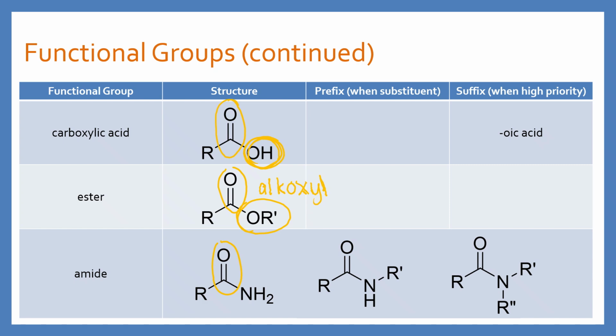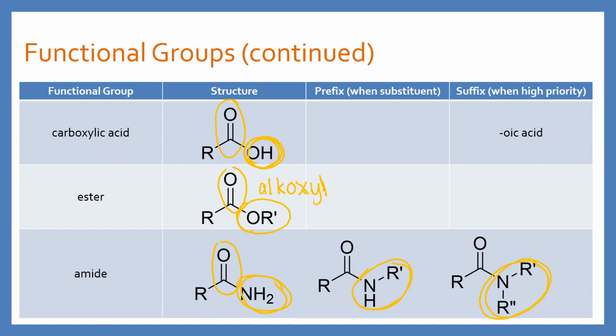And then for something to be an amide, notice I'm using short sounds for the A and the I. The word amide actually means something entirely different, even though it's spelled the same way, which is incredibly obnoxious, but there's nothing we can do about it. Amide with short sounds is when you have an amine attached to the carbonyl carbon. So all of these have an amine attached to the carbonyl carbon.